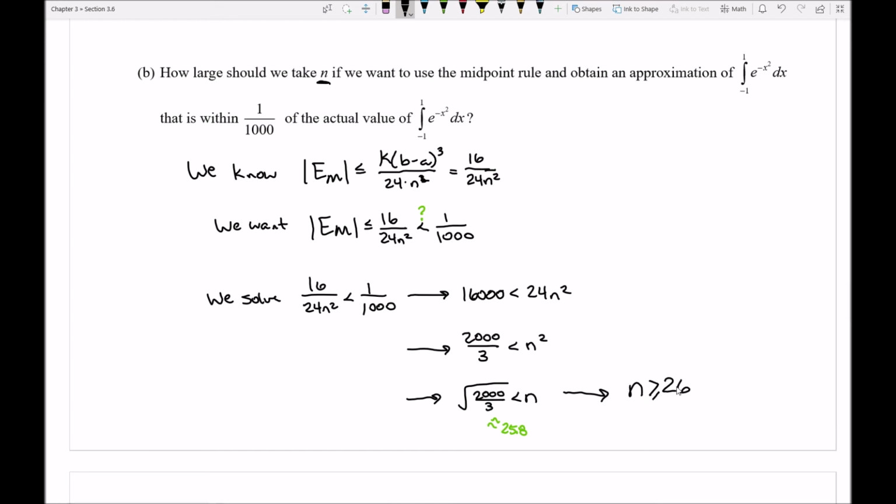As long as n was 26 or more, I would be good. As a conclusion, then, I can really state over here, so if n is equal to or bigger than 26, then our error will be less than 1/1000th.